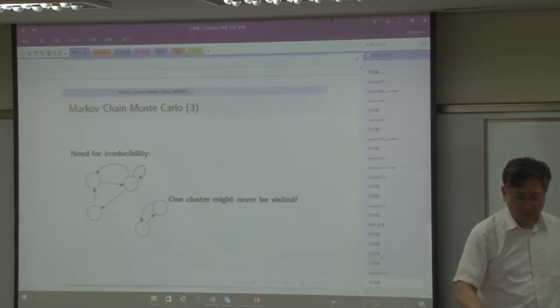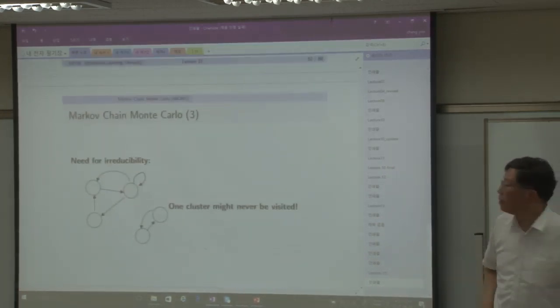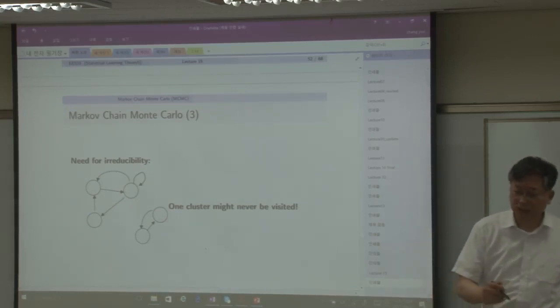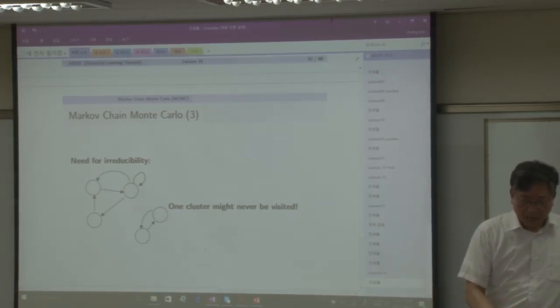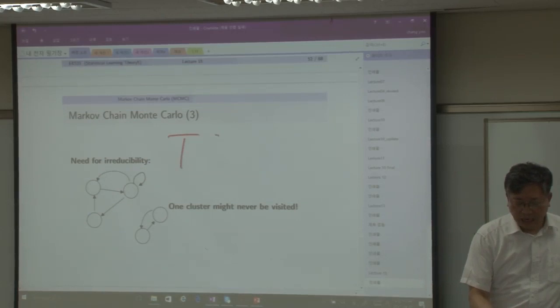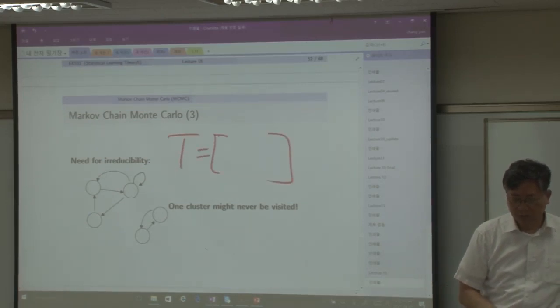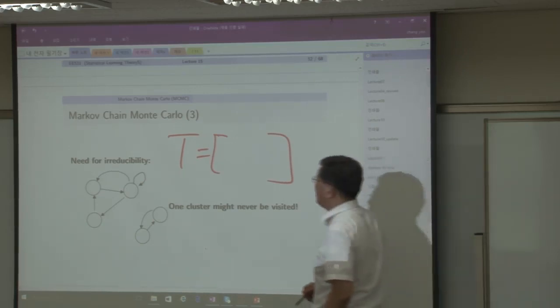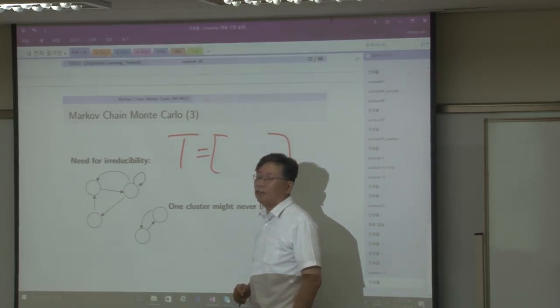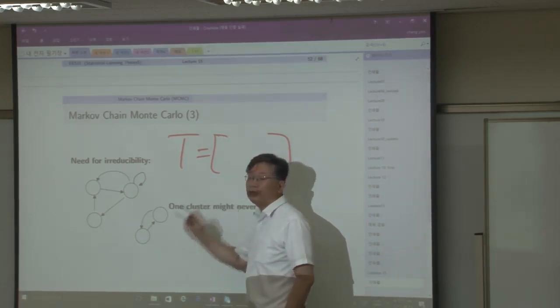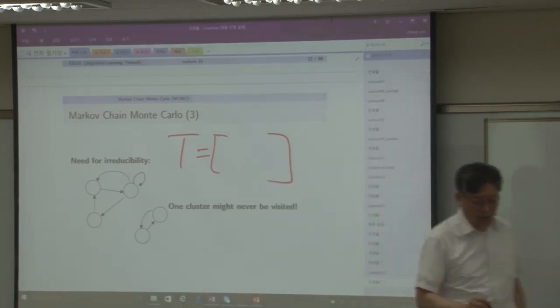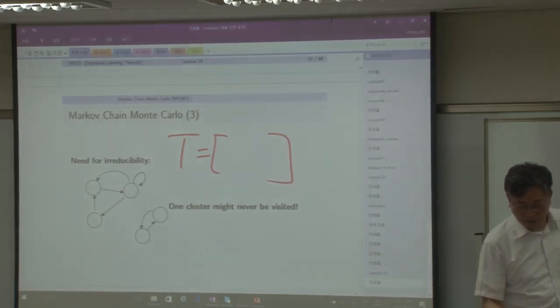Let me skip the details. The transition T that I design must be irreducible. First of all, it has to be irreducible.